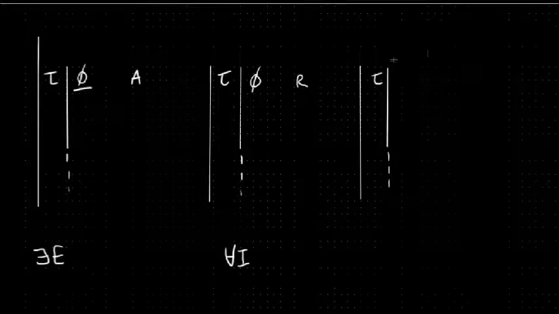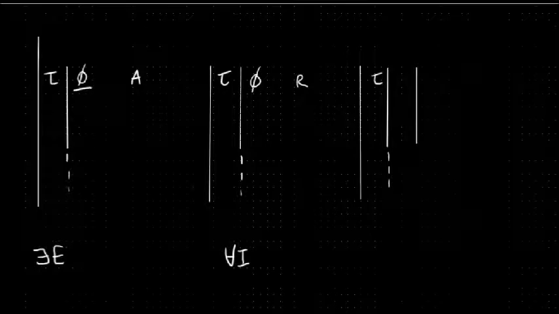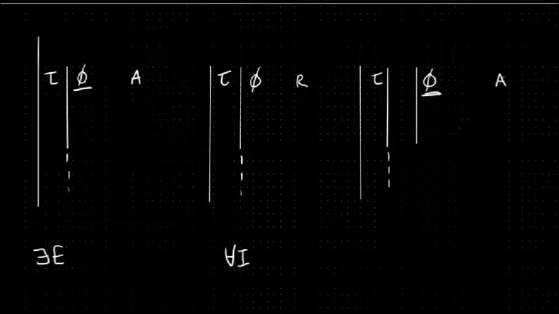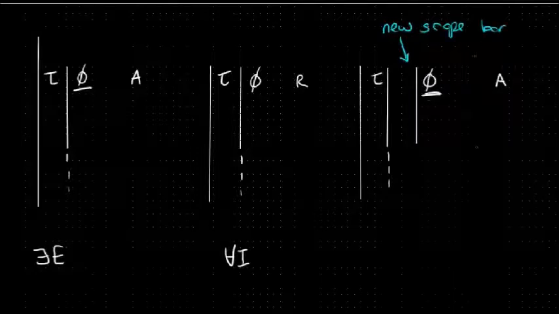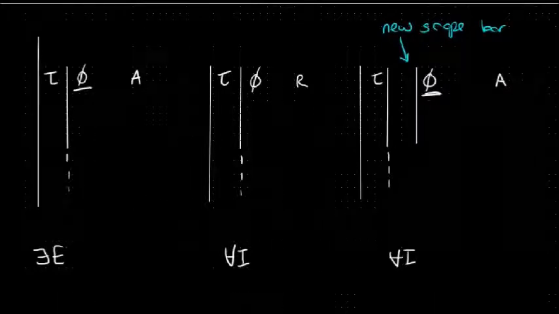If it begins with a second assumption on a new scope bar, so it's really important that we point out this is a new scope bar, if it begins like that, again, it has to be a universal introduction.